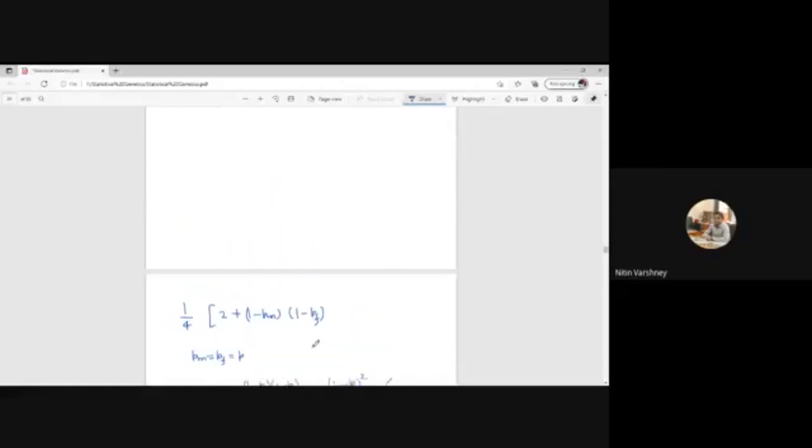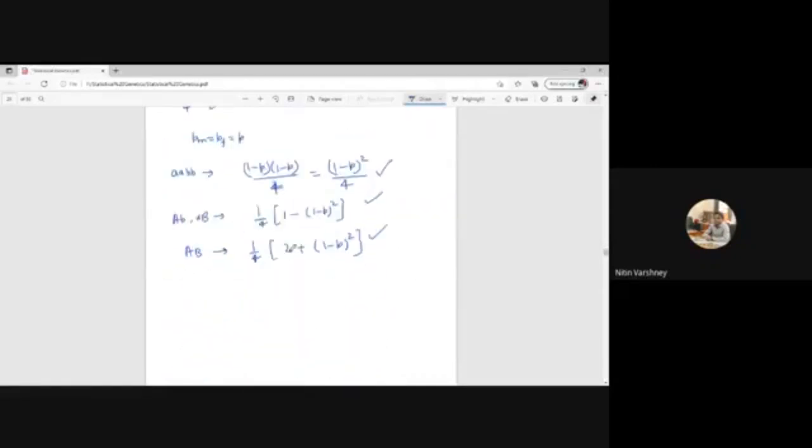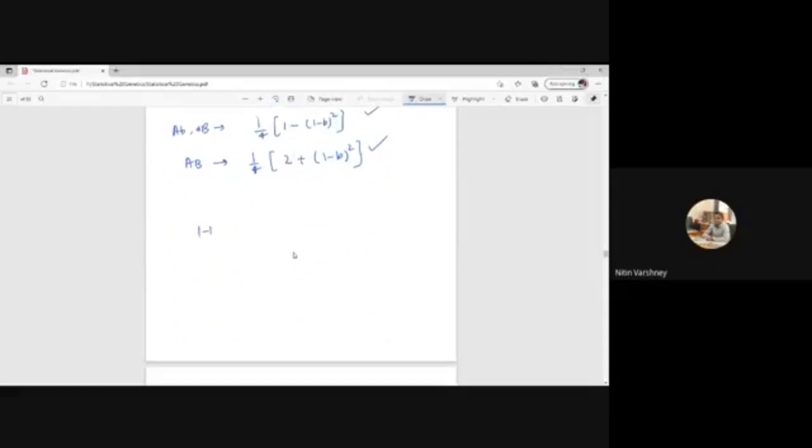Okay, and now for simplification I replace 1 minus Pm and 1 minus Pf is equal to theta.